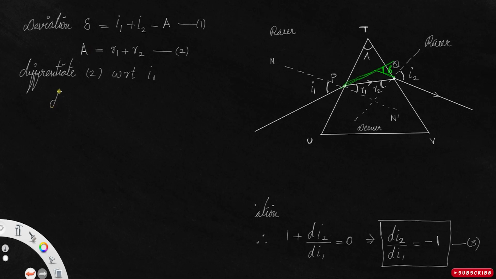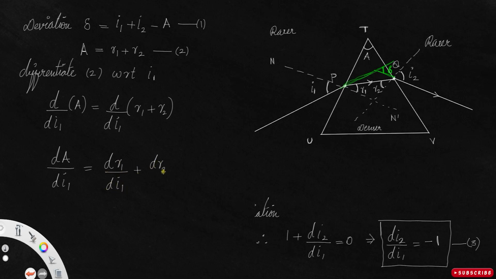So what you get, d by di1 of A is equal to d by di1 of R1 plus R2. So this becomes, or you just write dA by di1 is equal to dR1 by di1 plus dR2 by di1.